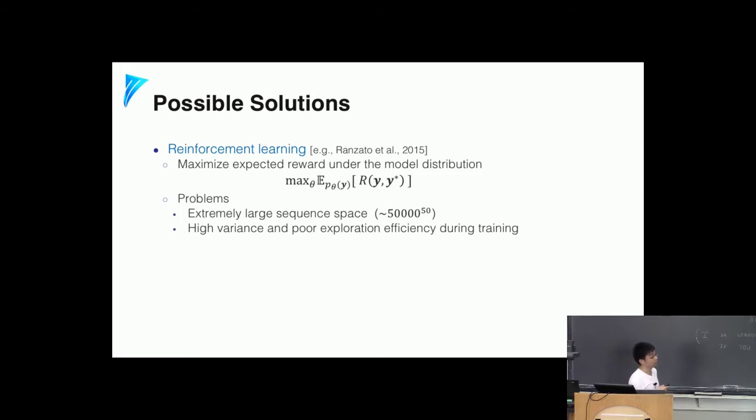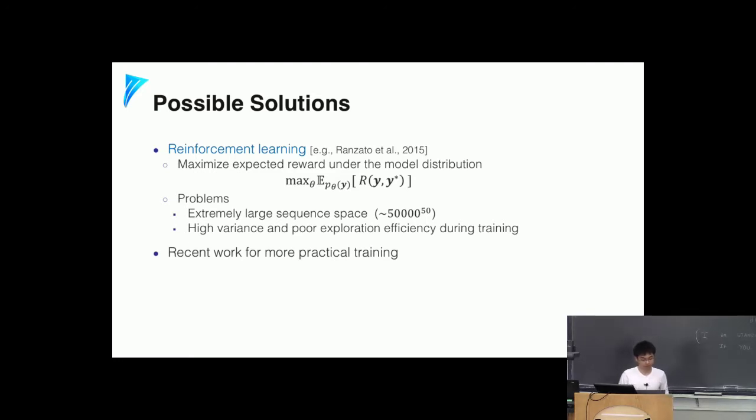And say we want to generate a sentence of like 50 tokens. Then the sequence space is very large. And with this very large sequence space, the training will suffer from very high variance and poor exploration efficiency at training time. This is the problem of reinforcement learning for sequence generation.